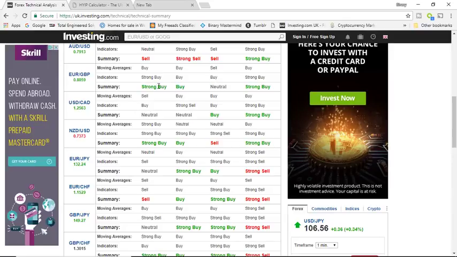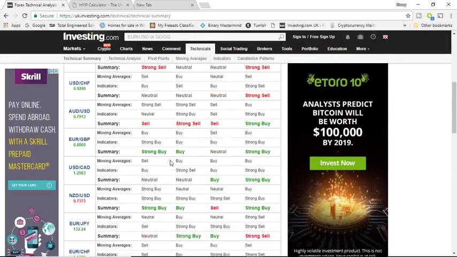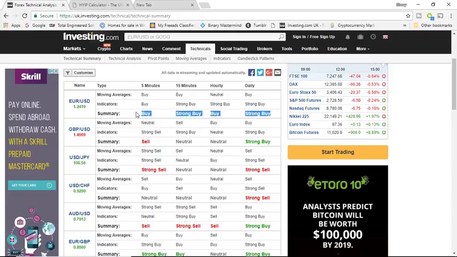Now, what this website does is it increases your probability of winning trades. It will make the trade you take a little bit more likely to win. And not every trade is going to come in your favor, guys. You have to bear that in mind. But you want to take the ones that are going to be in your favor by a higher percentage.